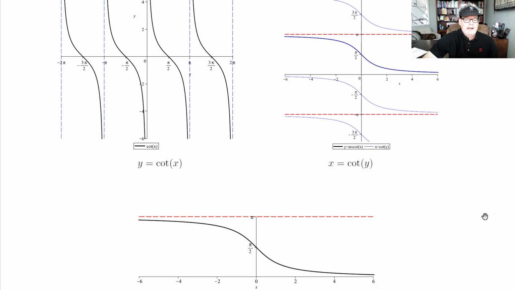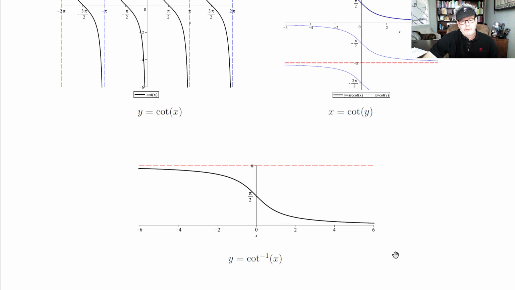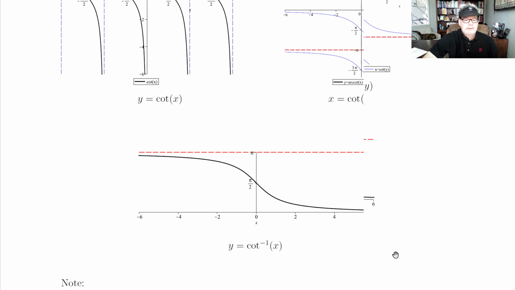So here's the graph of arc cotangent. Again, the arc cotangent of a negative will be an angle between pi over 2 and pi. And so overall, the range of arc cotangent is 0 to pi, open.